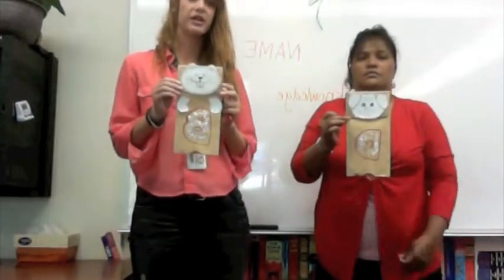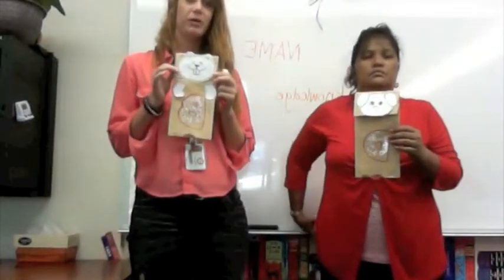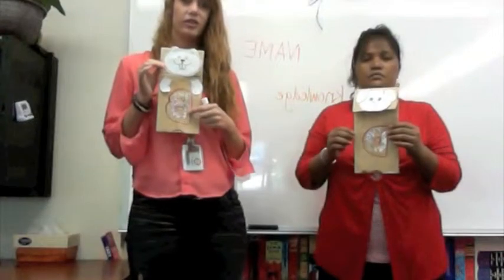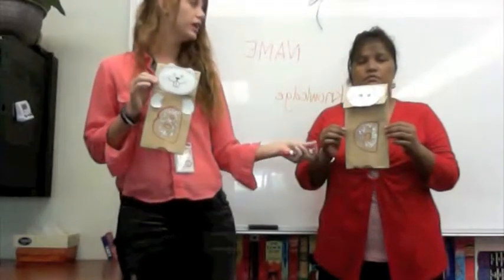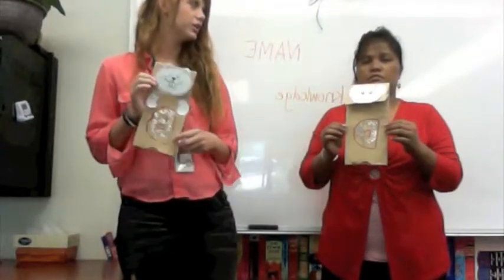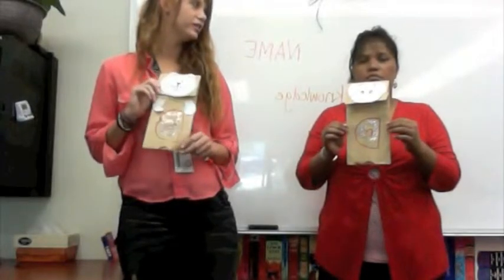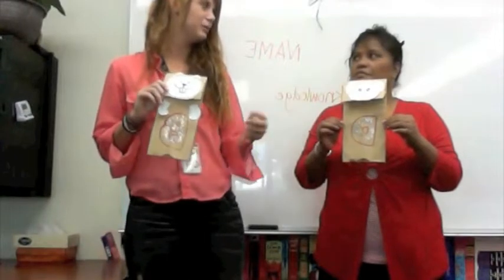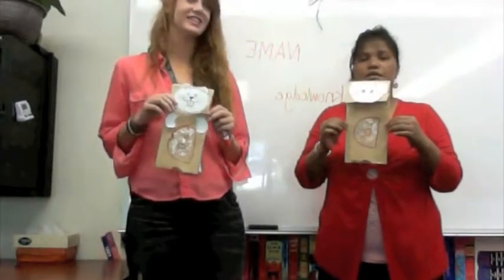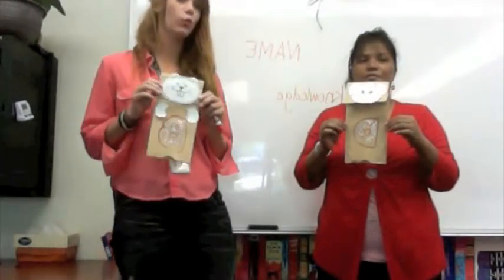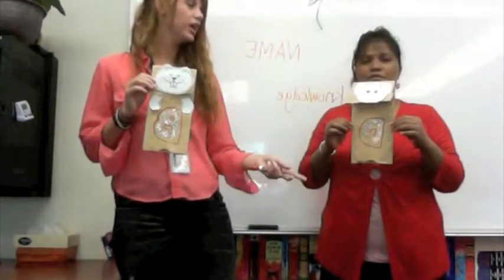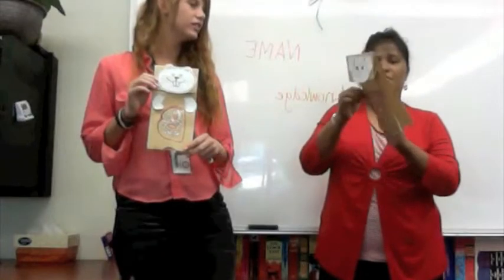So with these puppets, they are going to name their puppet starting with the letter of their animal. So right here, Reiko has named her puppet what? Dog. Wait, what did you name your dog? Danny. Danny the dog.